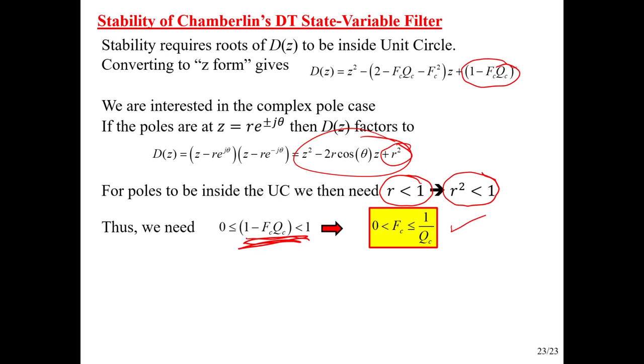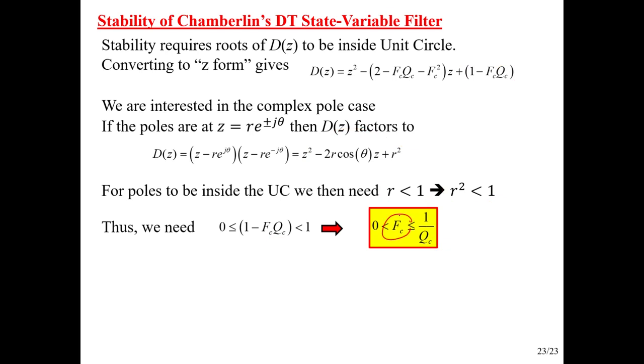So that puts some limits on the interplay between this FC and this QC value. So remember, neither of these are the actual physical parameters that we're interested in. They're not little FC and they're not the Q value. But it does give us a way of analyzing and determining what range we're allowed to set those things.